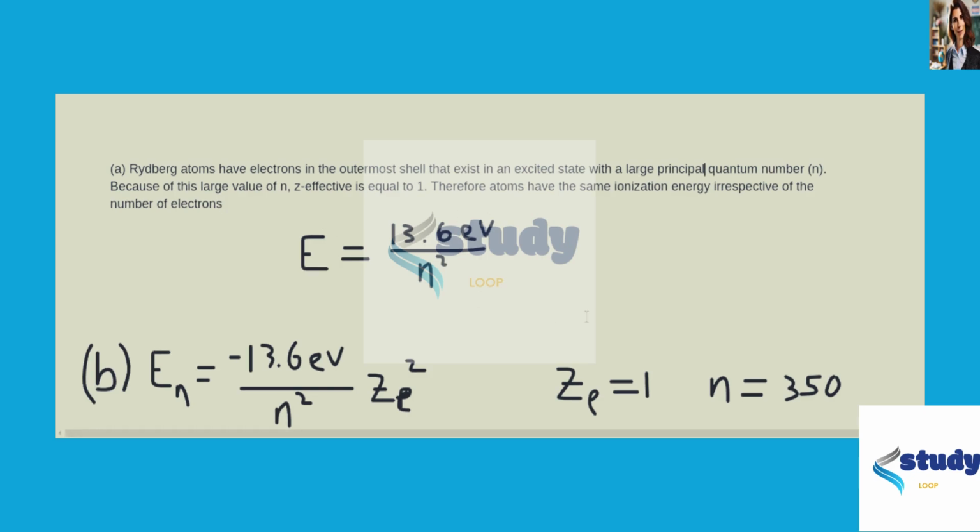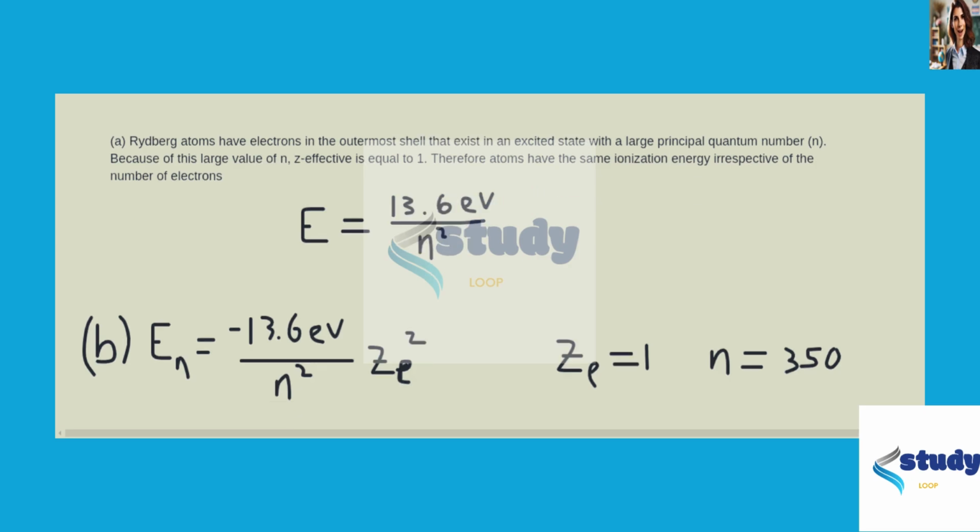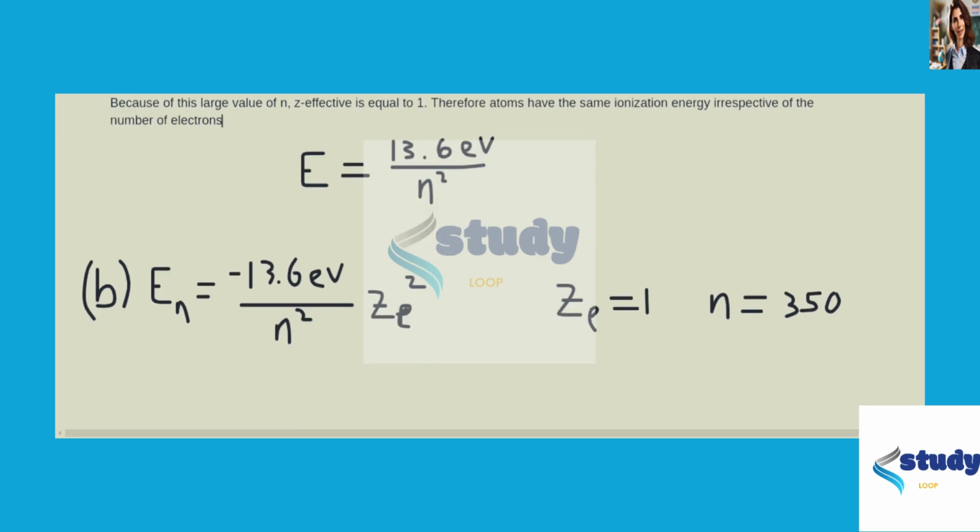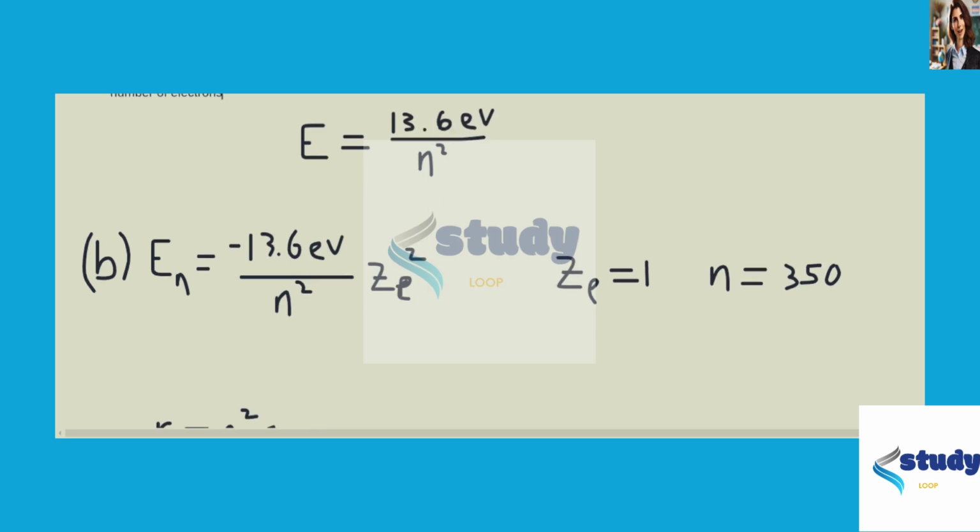This ionization energy is what I wrote out here: E equals 13.6 electron volts divided by the principal quantum number N squared. So for part B, it wants us to calculate the ionization energy. Z effective here is equal to 1, as we mentioned, when N is equal to 350. So here's our equation. We plug in Z effective equals 1, N equal to 350, and then you have 13.6 electron volts here.